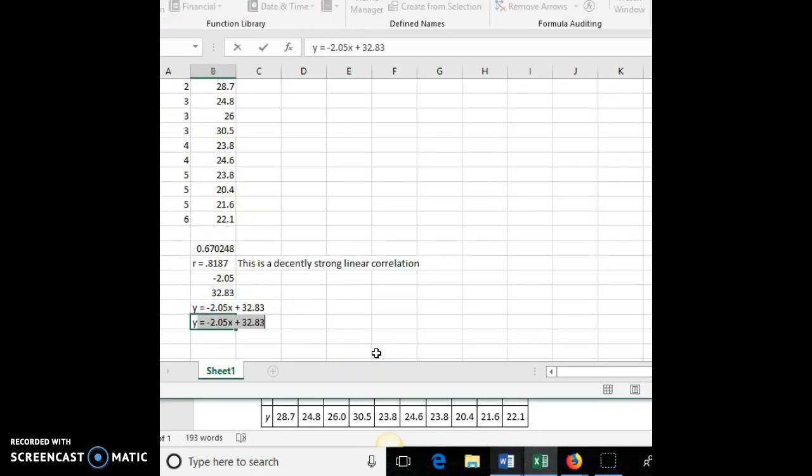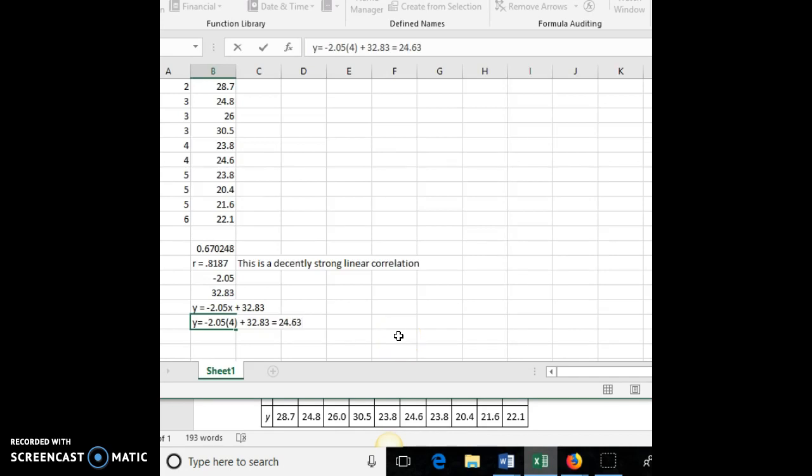So y equals negative 2.05 times 4 plus 32.83. And we're going to get the answer to that. And that gives us 24.63.